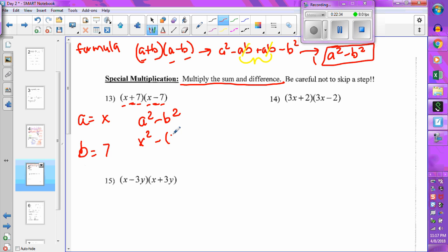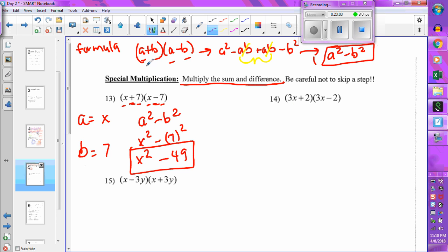It's 7 squared. x squared minus 7 squared is 49. And you have your answer. Remember, you can only do this when you're multiplying the sum and the difference. There's a formula for this that makes it a little bit easier. All right, let's move along to the next one.